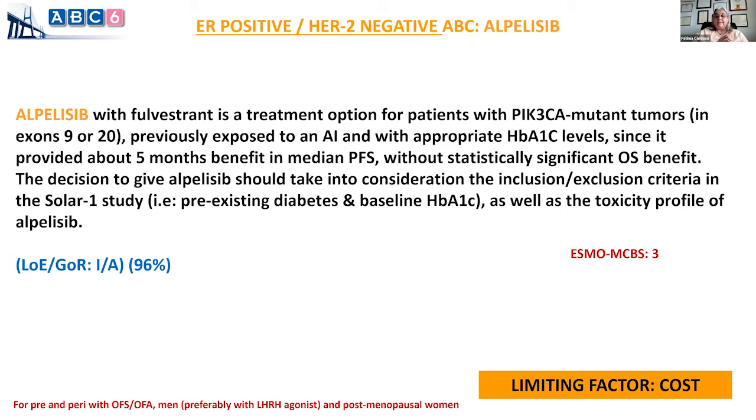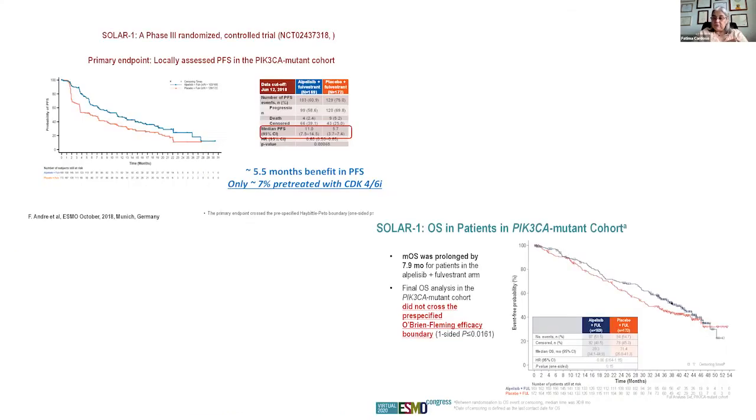And there is a problem with this drug. We have seen a benefit in the progression-free survival, meaning it delays progression for about 5 months. But unfortunately, this trial was not very well designed. Why? Well, first, it didn't include premenopausal women, just postmenopausal.